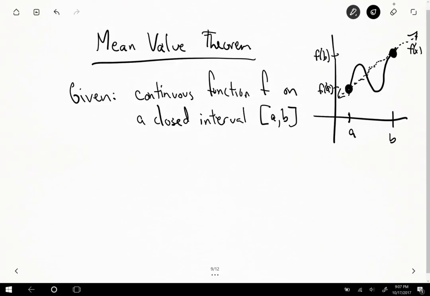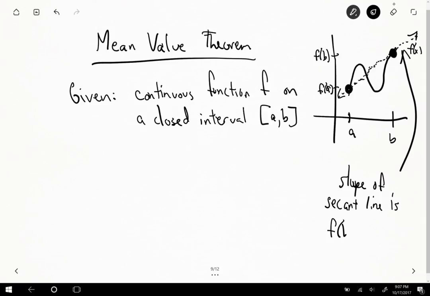So when we take a look at the slope of this secant line, or this average rate of change from A to B, the way to calculate that, you subtract the y values and you divide by the difference in the x values.